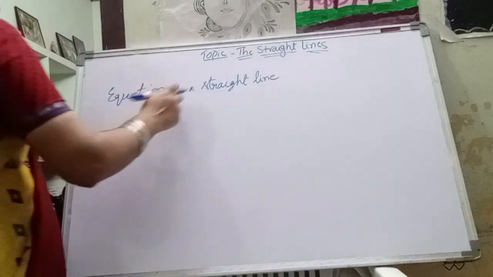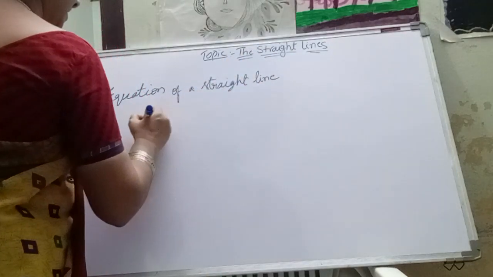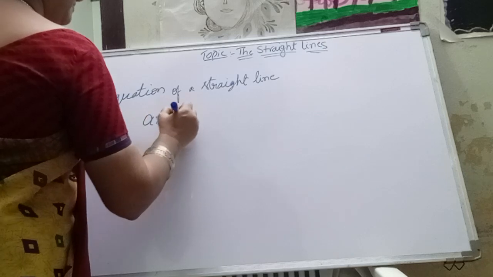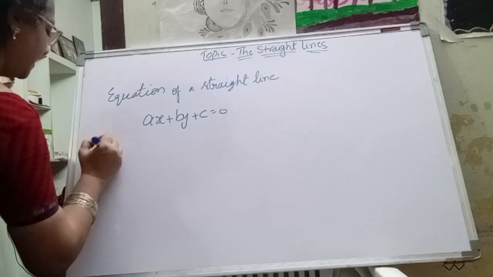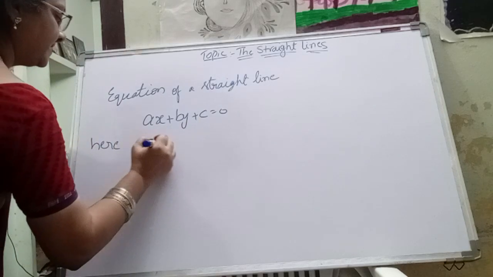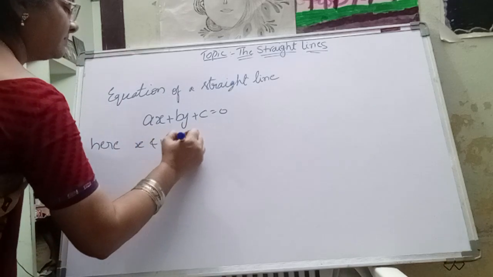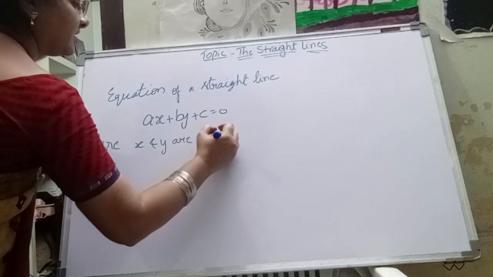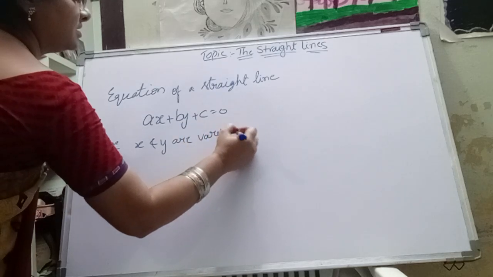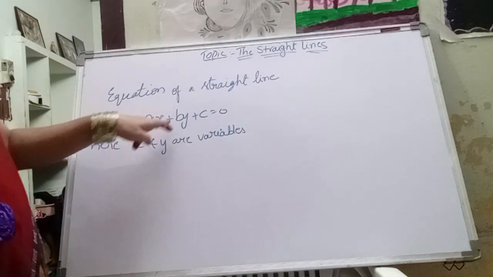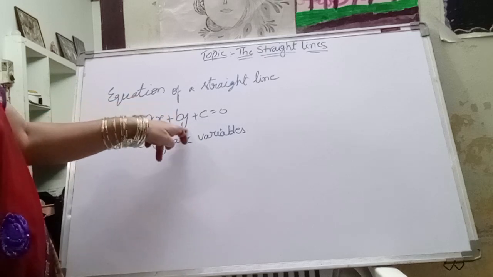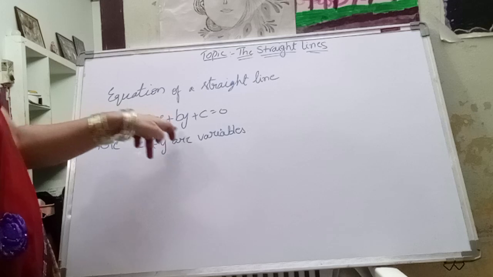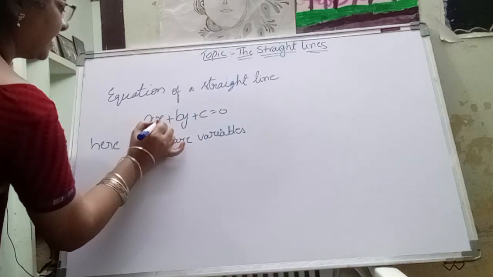The equation of a straight line is given by ax plus by plus c equals 0. Here x and y are variables, which means you can give any value, any number, for x and y.